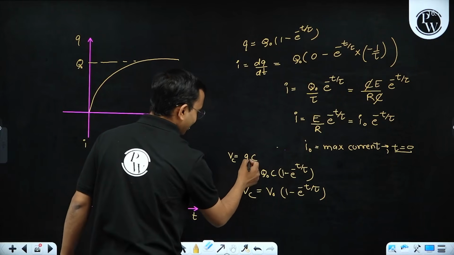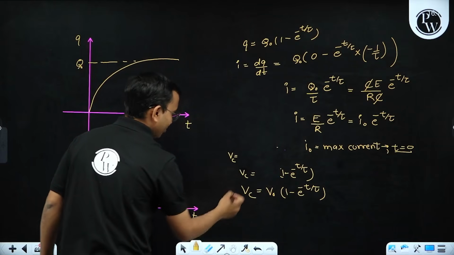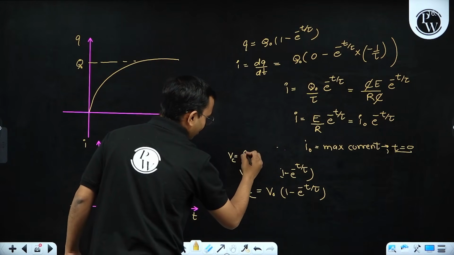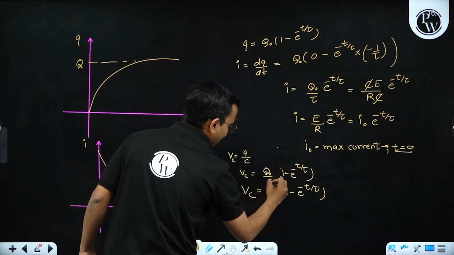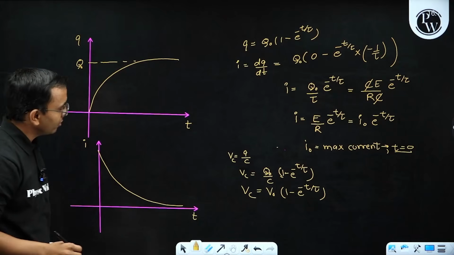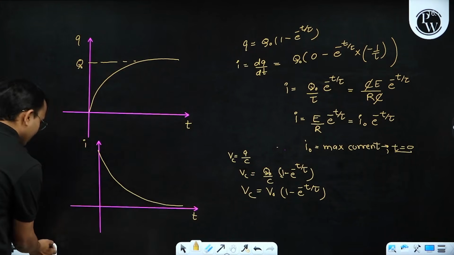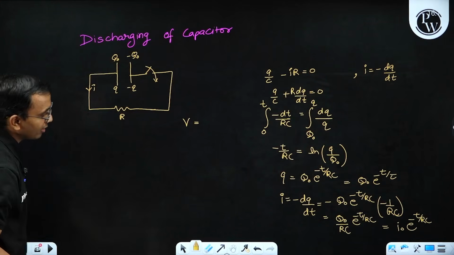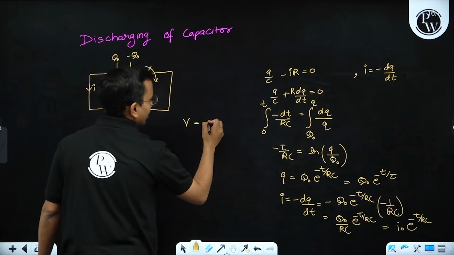V is equals to Q by C, not into C. V is equals to Q by C. So Q naught by C, and that is my V naught. Corrected that.